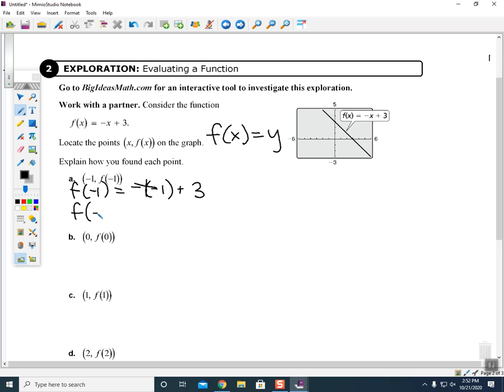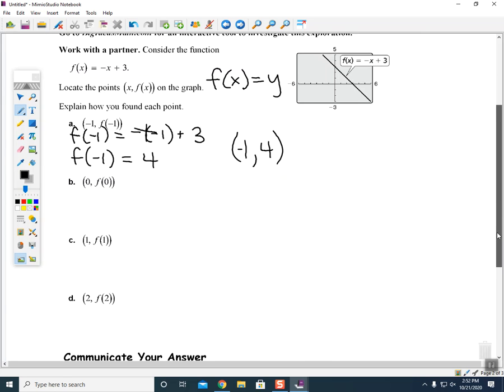So f of -1 is going to give me a positive 4. If I would write this as a point, I would have (-1, 4). That's my solution. This is the same thing that we've been doing, it just looks a little bit different because we're using different notation, but I'm just plugging numbers in for x at this point. I'm not doing anything special or fancy with them.